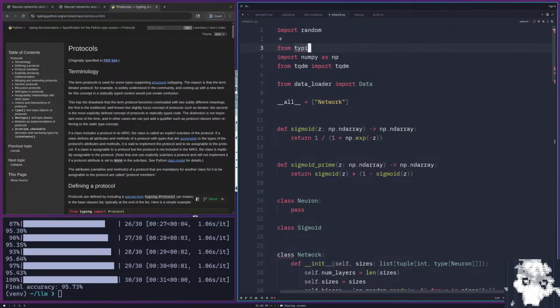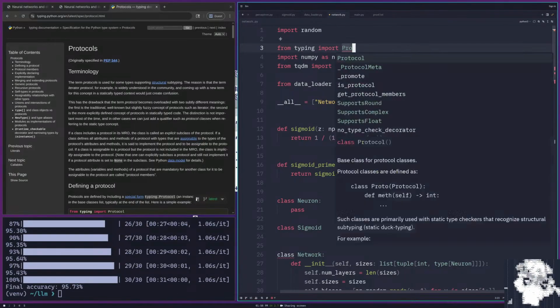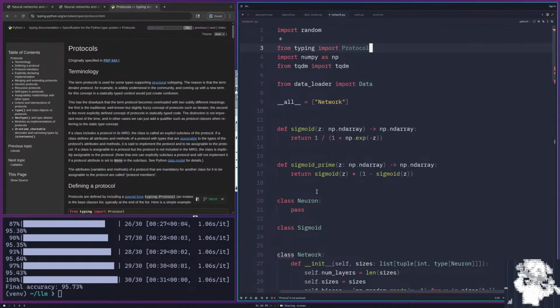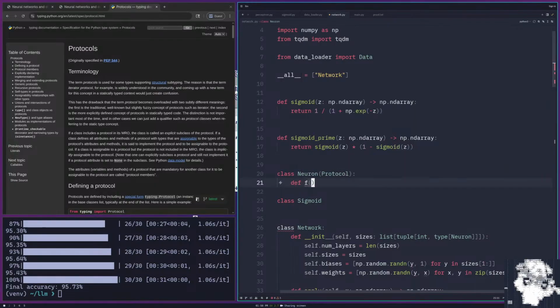From typing, import Protocol. So a neuron is a protocol that's going to have an f function that takes a number, float, and returns a number.